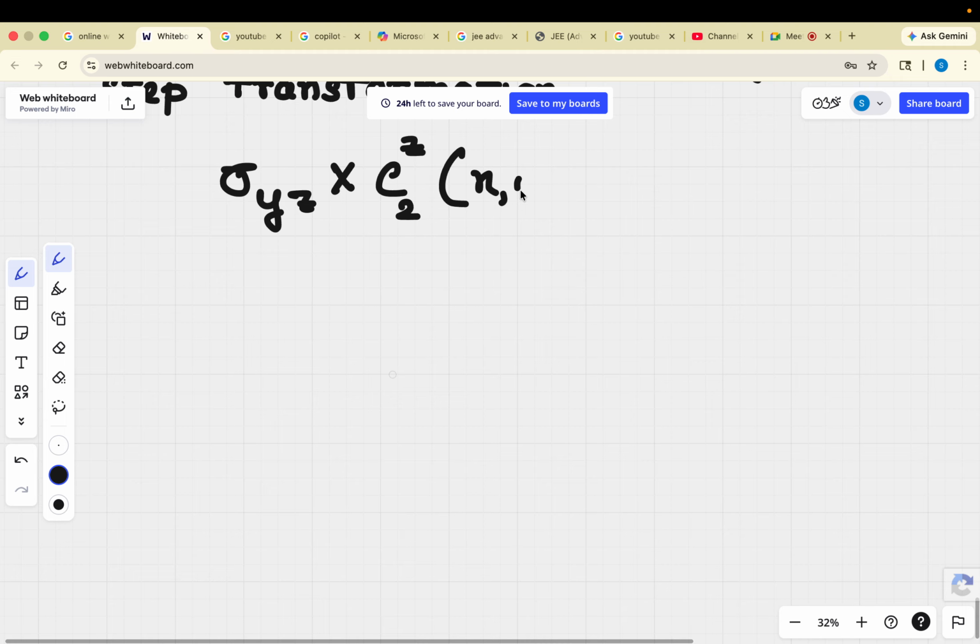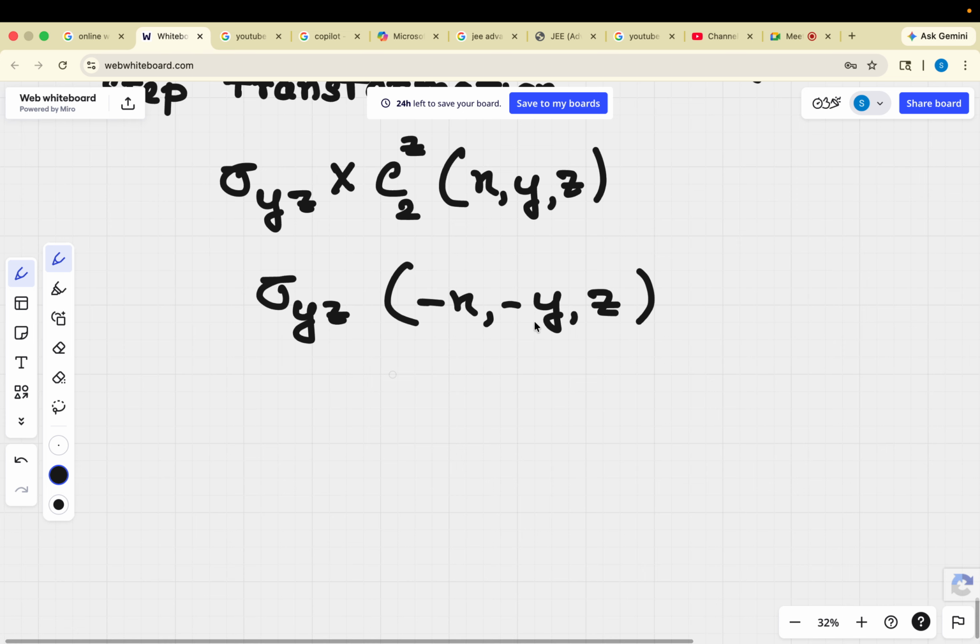So first of all you have to operate this C2z axis on this xyz Cartesian coordinate. So if I rotate along this z axis, what I will get, I will get minus x minus y z. Okay, minus x minus y z.